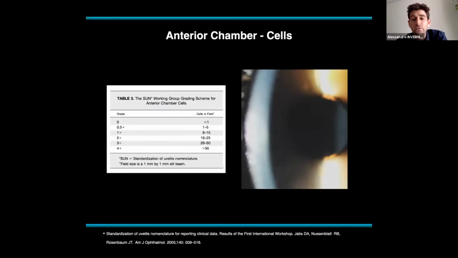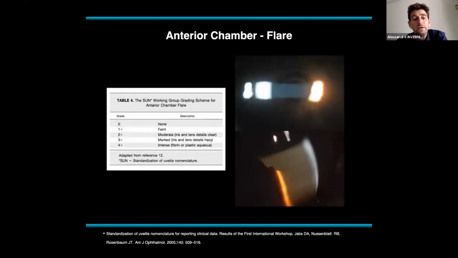And we know that to do that, we count them in the anterior chamber with our slit lamp examination. And the flare, once again, is from 0 to 4. And to do that, once again, we use the slit lamp and we try to grade the clarity of the aqueous according to the details we can see about the iris.